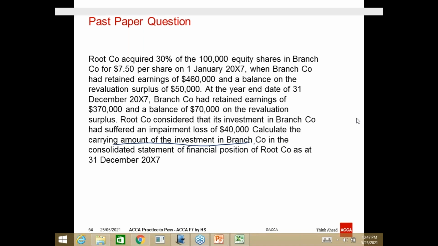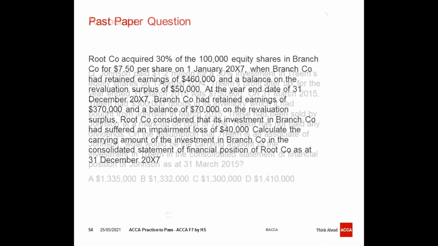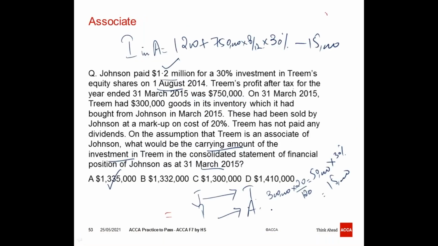What are the disclosures in SFP and SOPL? In the SFP, you need to disclose the amount of 133,500; it will be reported in the statement of financial position.